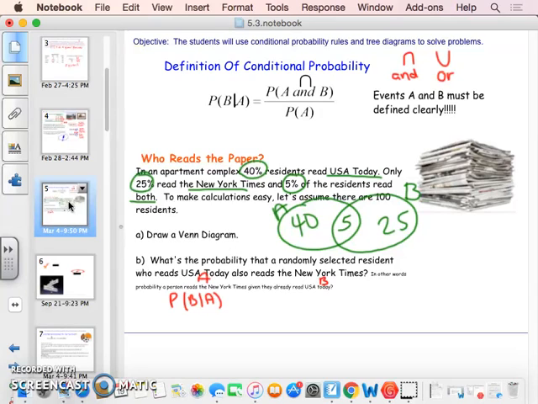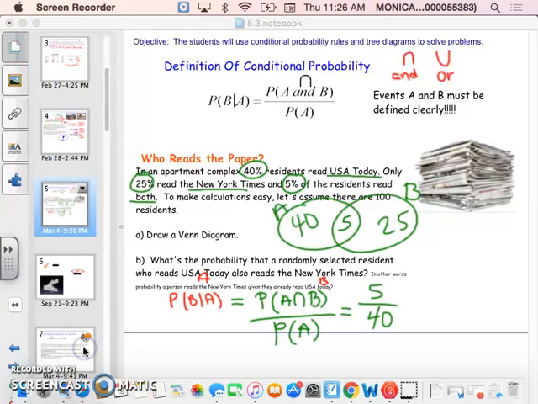Now the rest of the people that don't read either paper, we don't really care about them. So we want the probability of B given A. So the first thing we need is the probability of A intersecting B, and we're going to put that over the probability of A. So the intersection is 5, and the probability of A is 40, and so this would be our conditional probability of both.